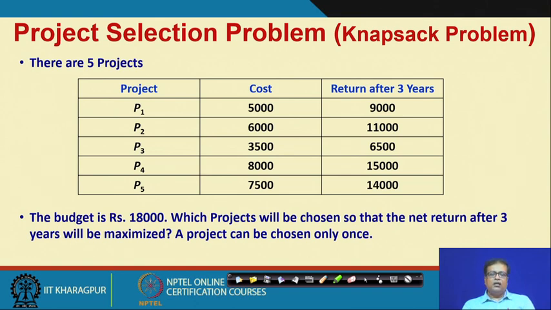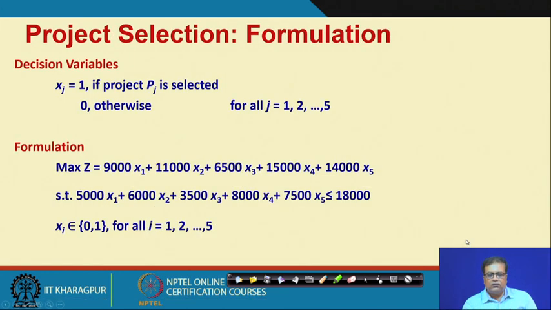So, xj equal to 0 or 1: xj equal to 0 means given project j is not chosen, xj equal to 1 means given project j is chosen. Having said that, these are our decision variables, and our formulation should therefore maximize the return.